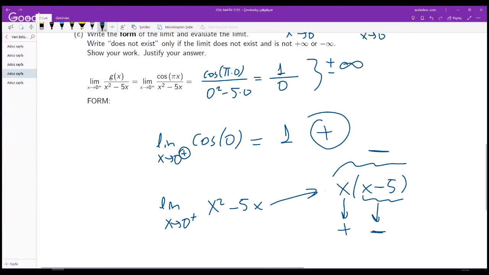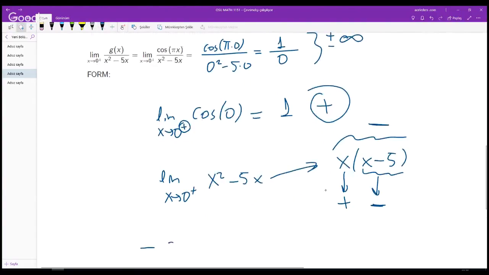So I have 1 over 0, but I've investigated the signs. I found that the numerator is positive, but the denominator is negative. And hence, we have negative infinity as the limit. Do you understand that?